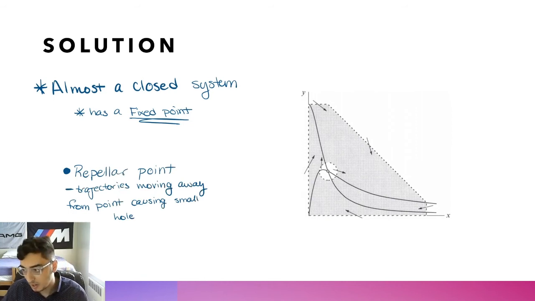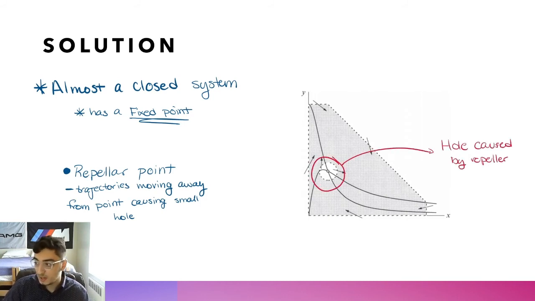So the fixed point shown by the intersection of the nullclines, we have to be able to prove that this point is a repeller point, and a repeller point is trajectories moving away from the point, causing an infinitesimally small hole.